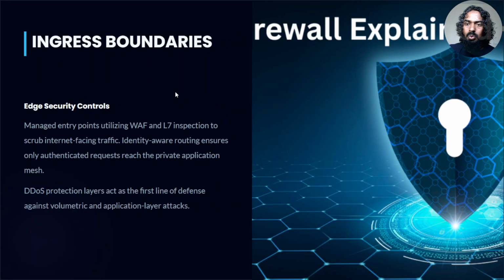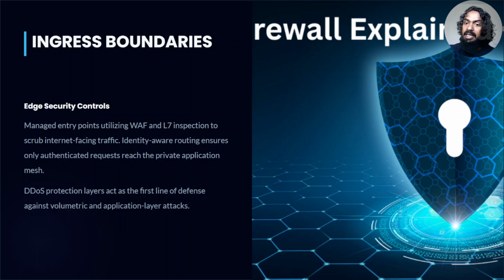Now, ingress boundaries. This is how the traffic enters. Internet-facing entry points, your private application access, WAF, identity-aware routing, DDoS protection. Security architects want very few ingress points actually. Everything funnels through control gateways. The questions I usually ask are: are the applications directly exposed?